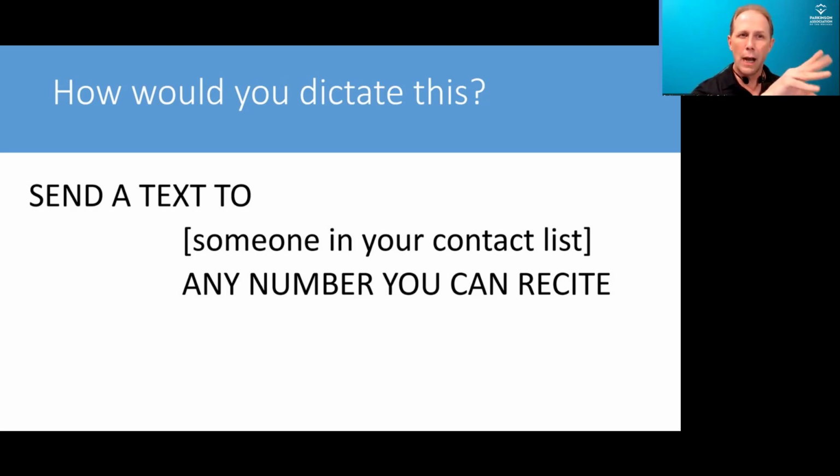And you say, hey, I'm having a really good class on speech recognition, period. This is just a test, period. And then send a text to. It'll ask you who. If you can't keep it all in your head, it'll walk you through it. Send a text to who? And you'll say, my wife or my child or whatever it is.